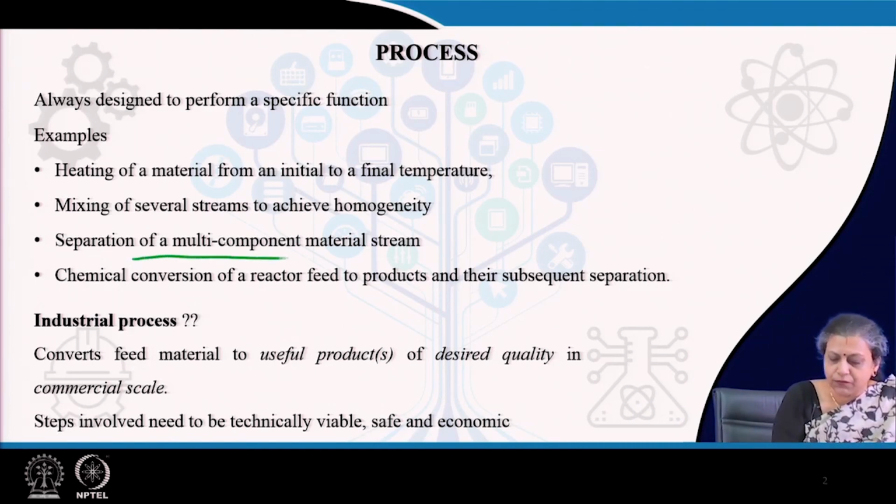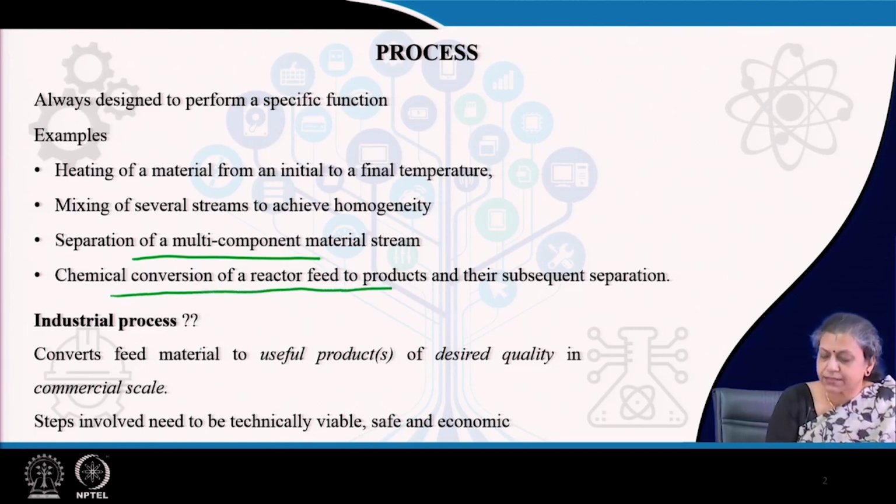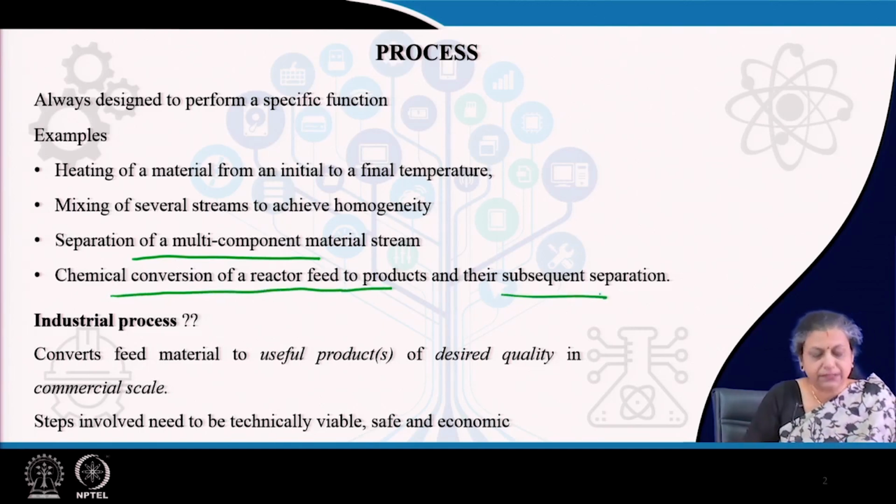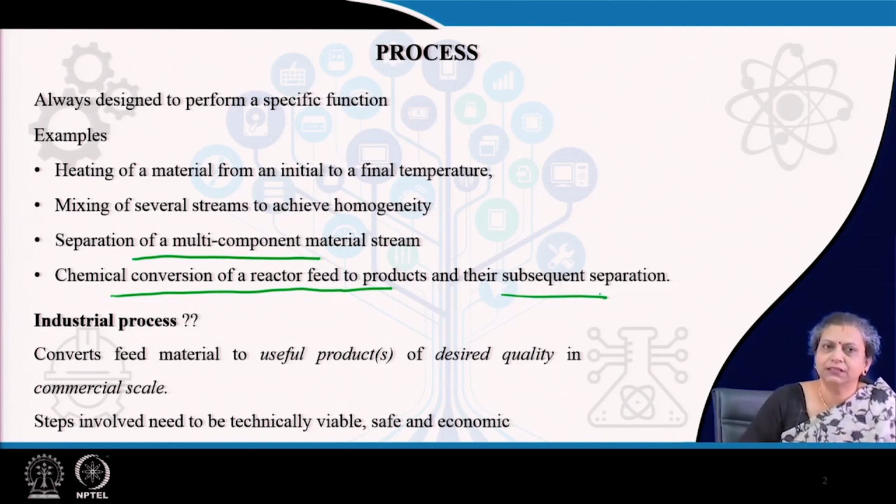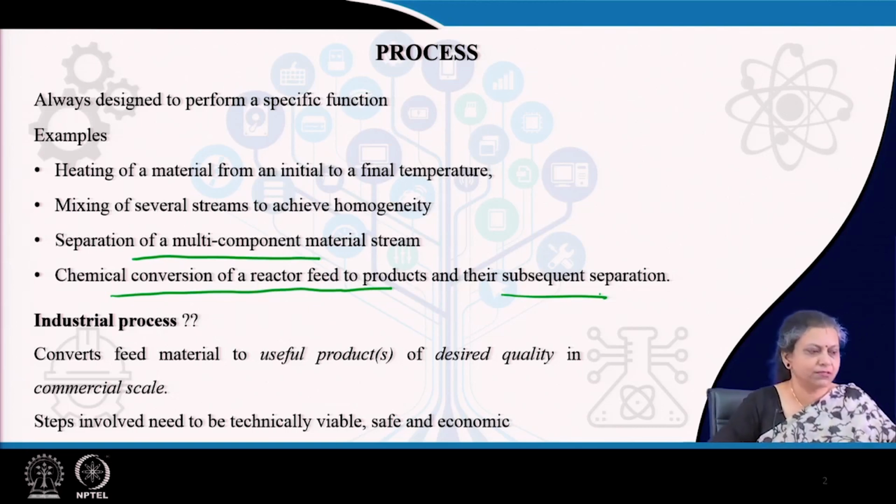One was separation of a multi-component material stream, and the other was that after chemical conversion of a reactor feed to products, the products and the reactants had to be separated. So, we find that as chemical engineers, there are a large number of processes, both reacting as well as non-reacting, where we encounter different types of separation processes.